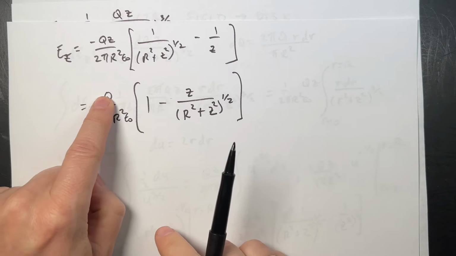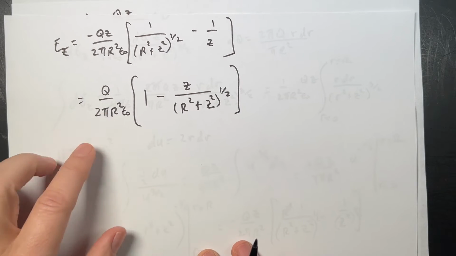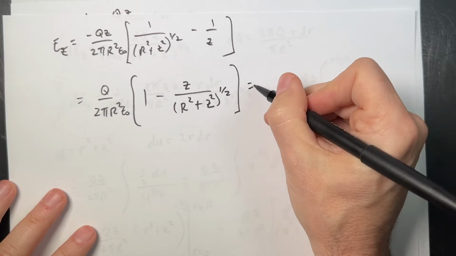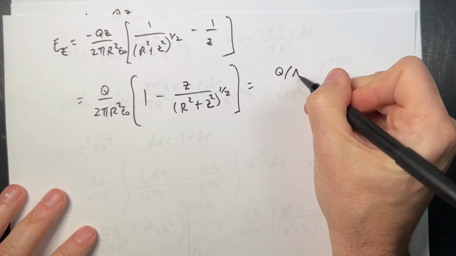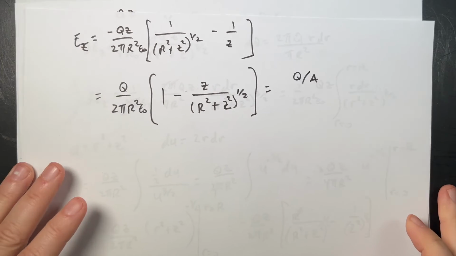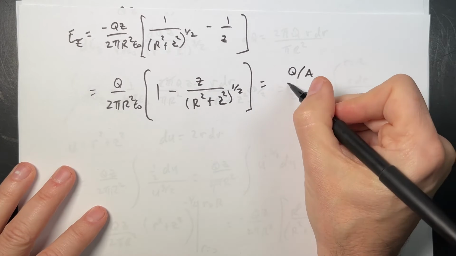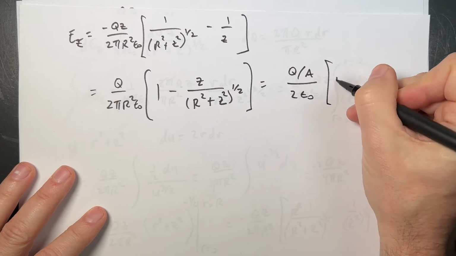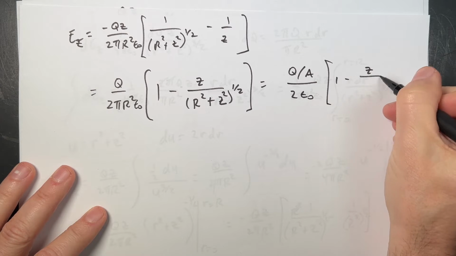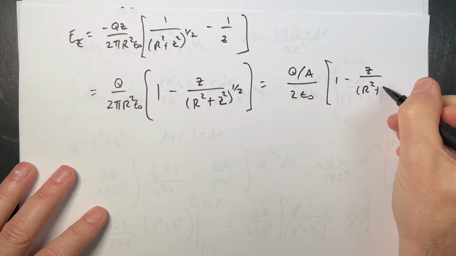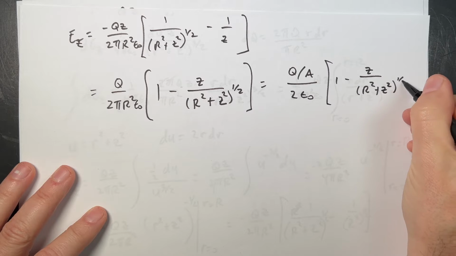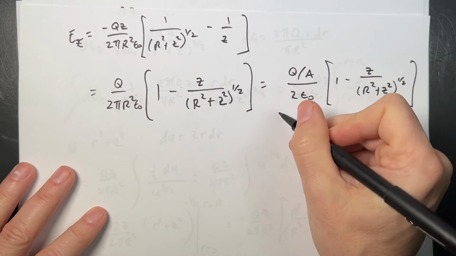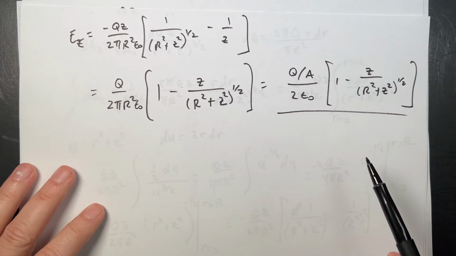Q is the total charge, and pi R squared is the total area, so often we'll write this as Q over the area, the surface charge density, over 2 epsilon naught times 1 minus z over the square root of r squared plus z squared. And that's the answer. That's the electric field in the z direction.